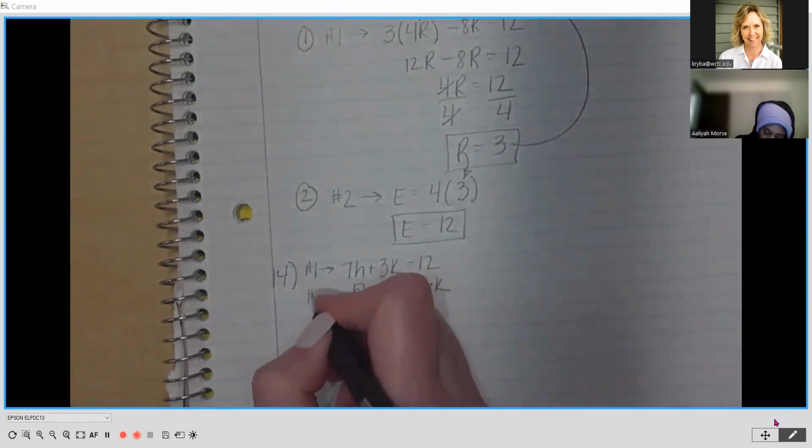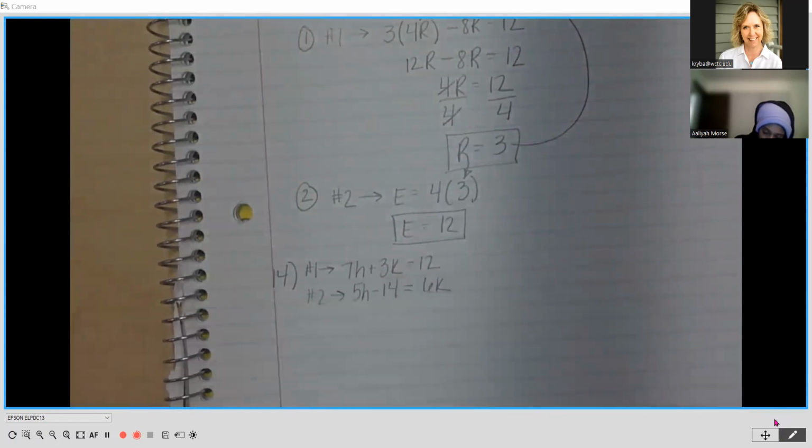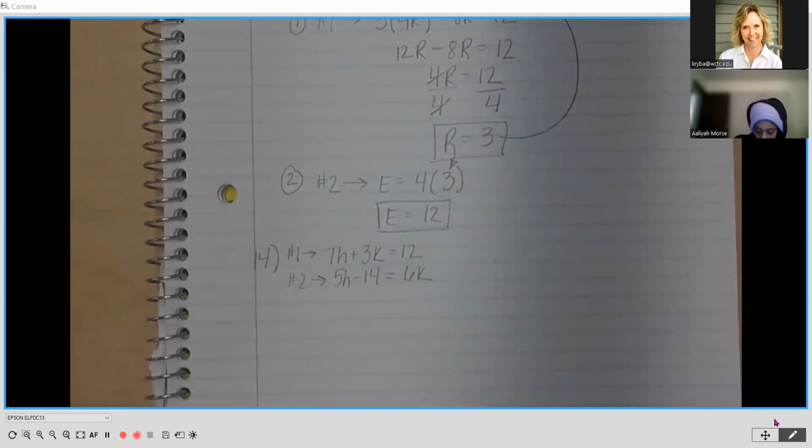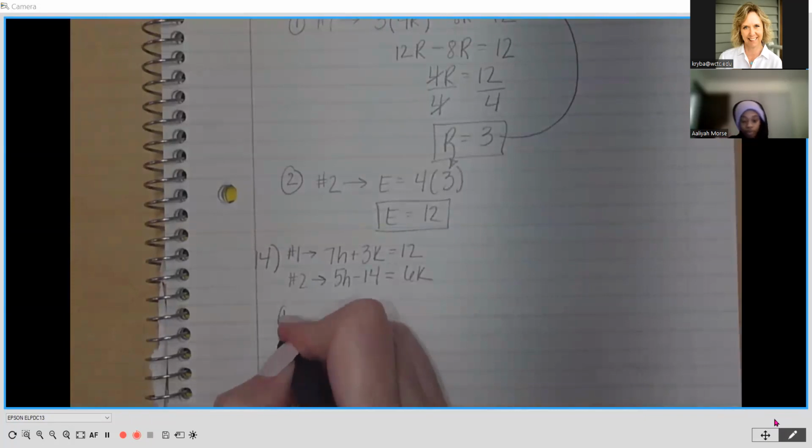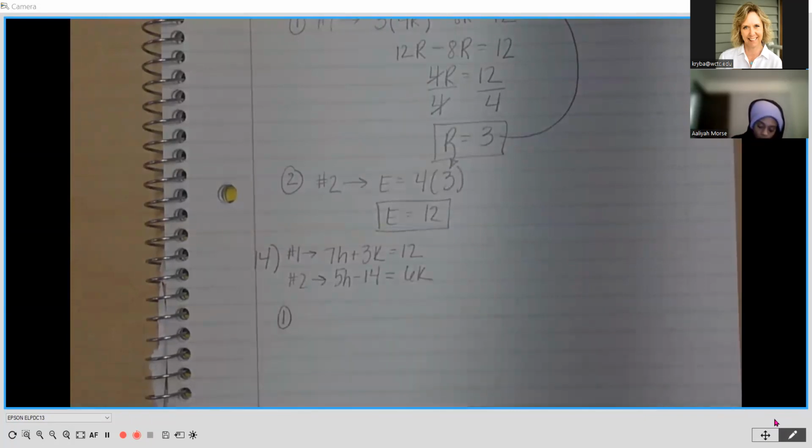Now, in this case, we don't have one of the equations or one of the variables in terms of the other, meaning we don't have one of them isolated. So that's going to be our first step, to pick one of these equations and one of the variables to solve for. Okay, so which one do we want to do? Sure, we can do the top one.